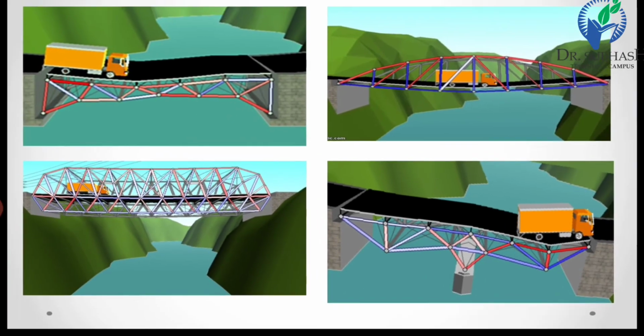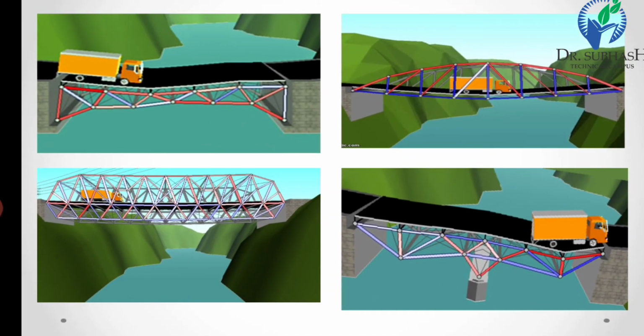So why do all these phenomena occur? As per the figure, it shows that our truck load is a moving load.